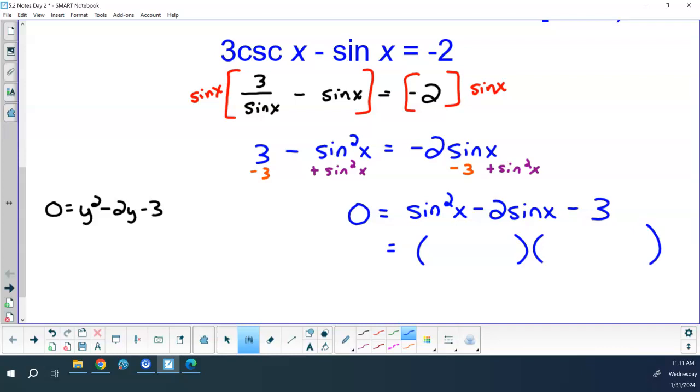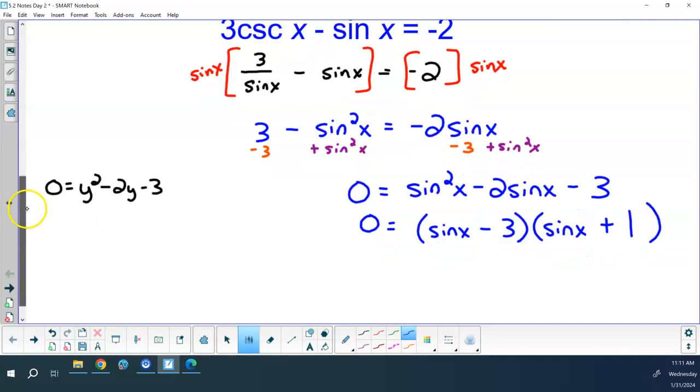2 things that multiply together to be sine squared are sine and sine. 2 numbers that multiply together to be -3 and add to be -2 are -3 and +1. So I get sine minus 3 and sine plus 1.